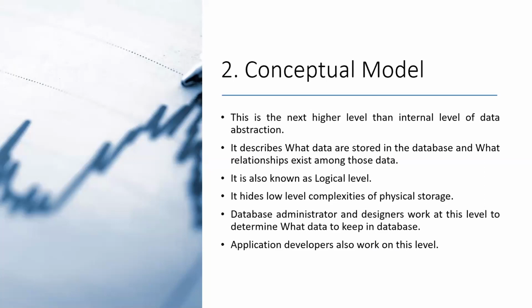Here all the data models and their relationships are described in the conceptual model. It hides the low level complexities of physical storage. If there is any difficulty or complexity in the physical storage level, this level will hide it. That is called data abstraction.